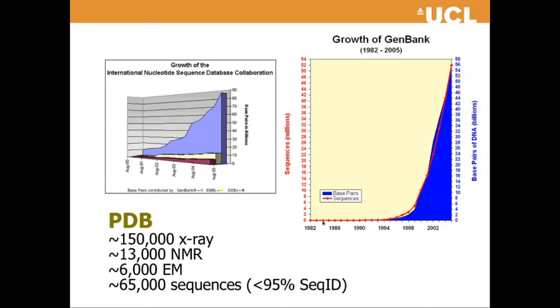The right-hand graph shows you that the trend applies both to the number of base pairs of DNA and to the number of sequences, and the trends really follow each other very closely. The Protein Databank, which is where we store the structure data, currently consists of about 150,000 structures that have been solved by X-ray crystallography, about 13,000 from NMR, and 6,000 from electron microscopy.